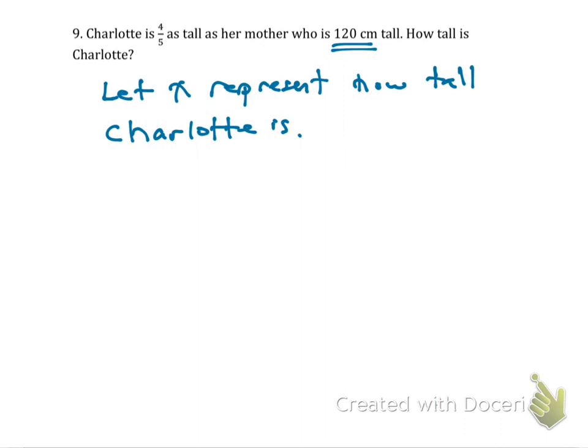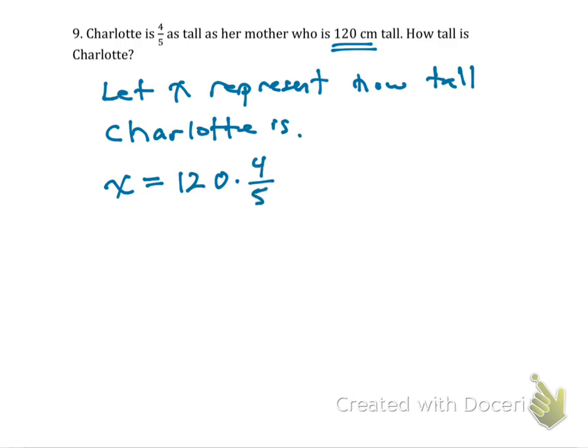I know a lot of you just try to do the question without an x, and that's fine, but we're going to have to think of techniques to use x as we move forward. Charlotte is 4/5 as tall as her mother, who's 120 centimeters tall. So x equals 120 multiplied by 4/5.